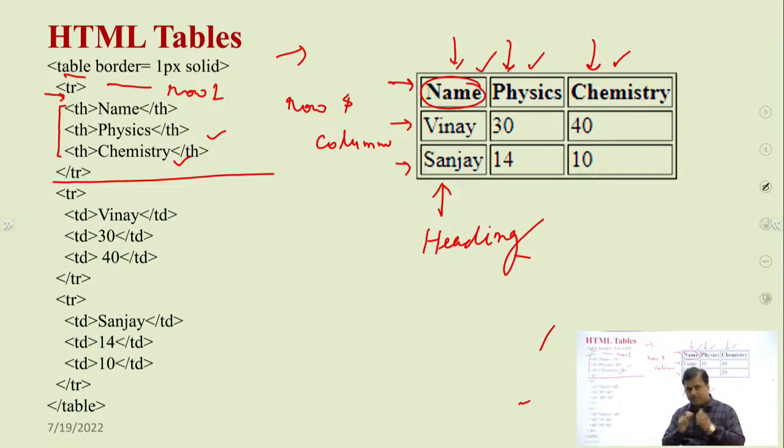What I want to emphasize here is that how many columns there will be in a table is not decided arbitrarily. It is decided by the table heading tags.